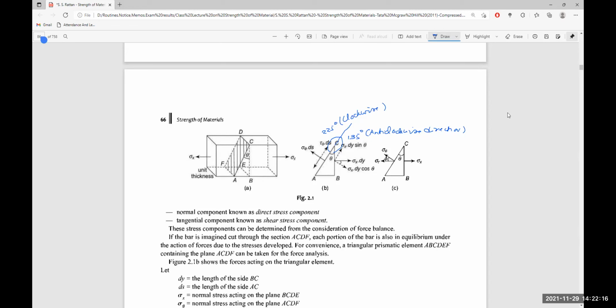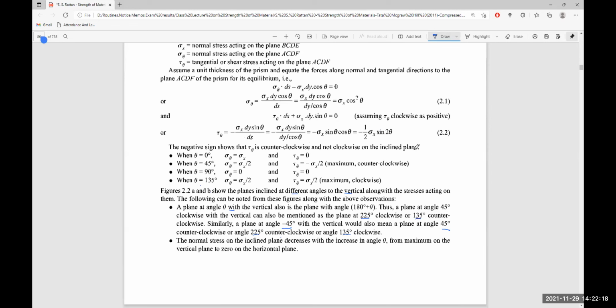So what it means is that the plane at 45 degrees clockwise is equal to the plane at 225 degrees clockwise and at 135 degrees anti-clockwise.